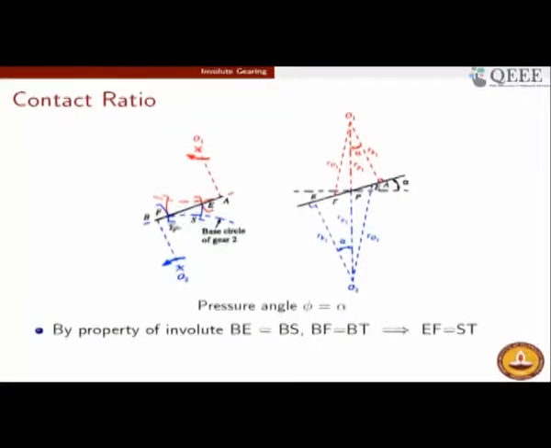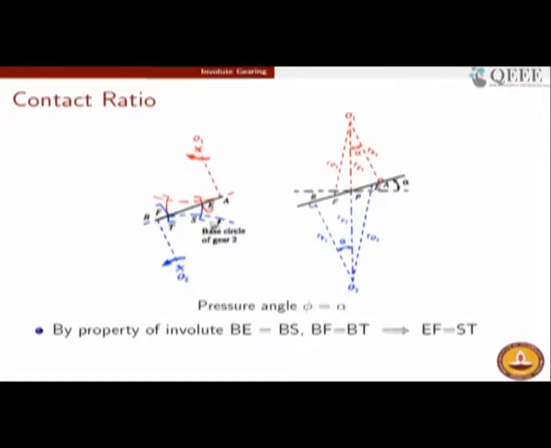So using this argument, if we now return to the picture that we were looking at, the BE portion of the string which has got unwound, if it were in a wound position, would have a portion of the circumference BS.